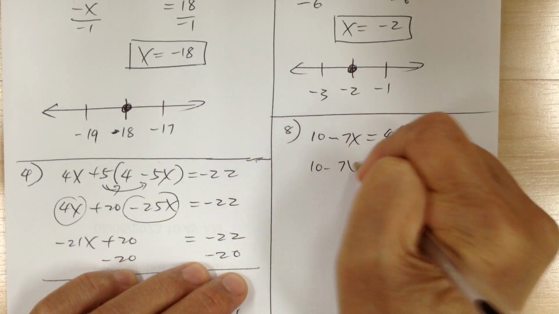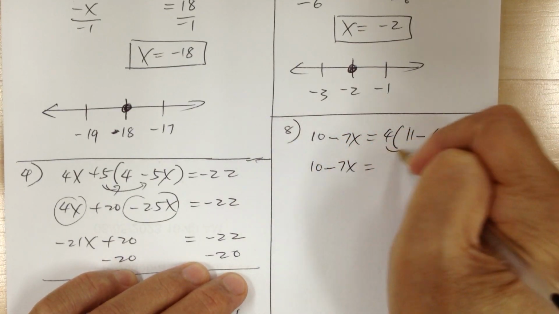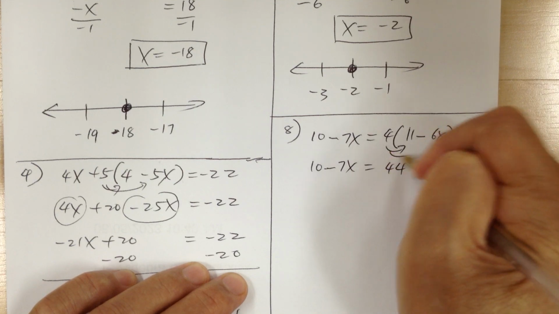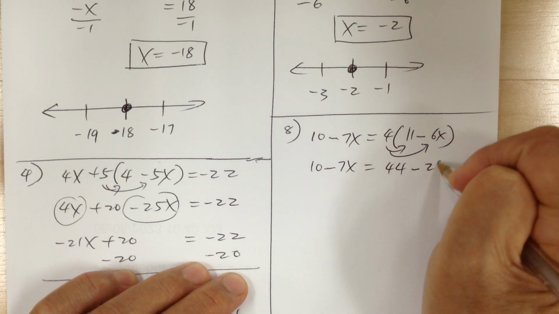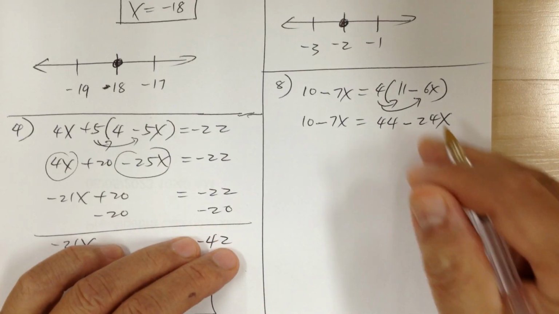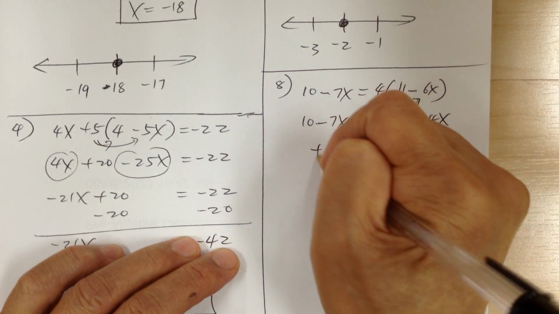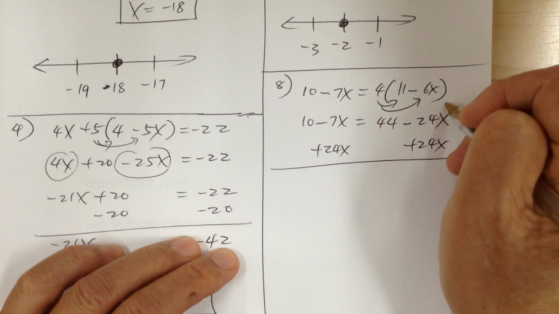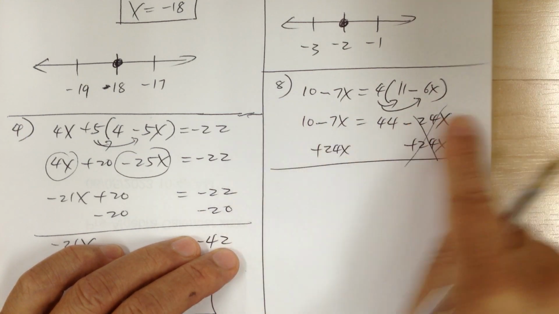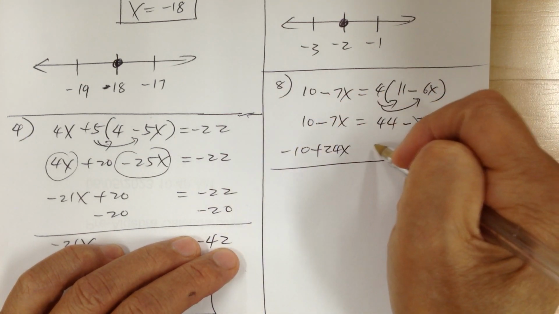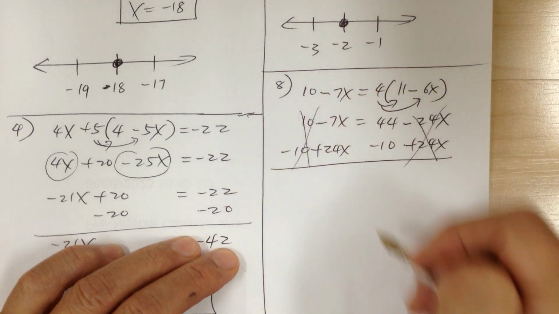Same thing, just keep doing the same thing. So 4 times 11 is 44, and 4 times negative 6 is minus 24x. I'm going to move the variable to this side, so plus 24x, so that this will cancel out, and I'm going to move the number to the other side, so minus 10, so that this number can cancel out.